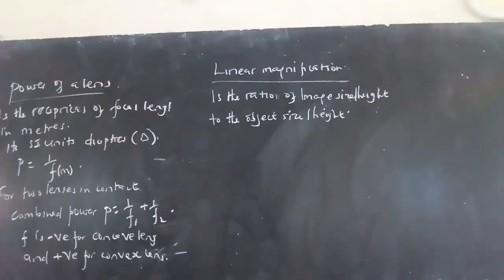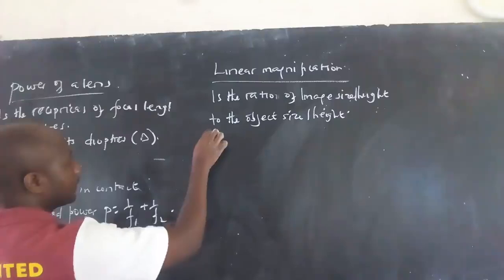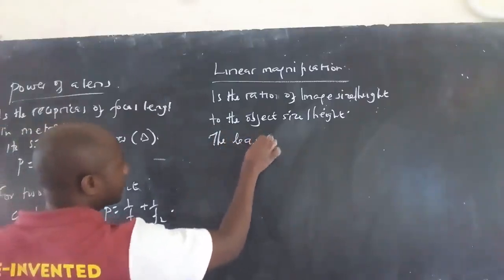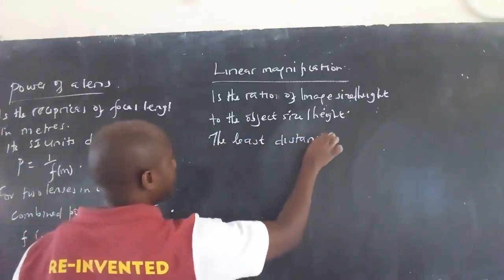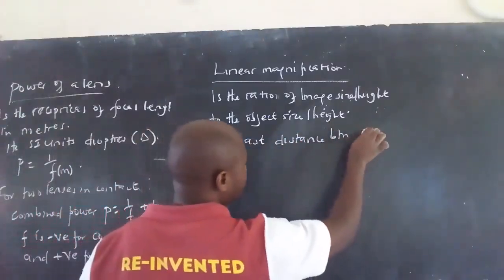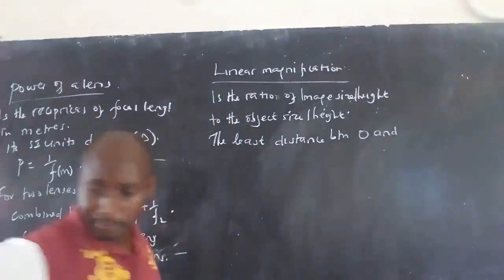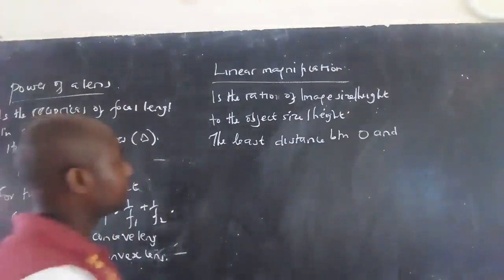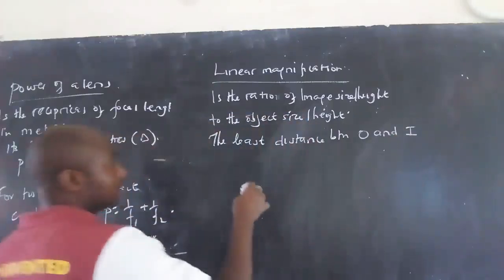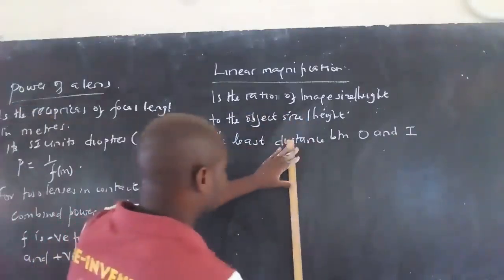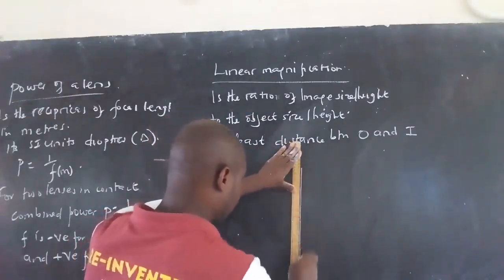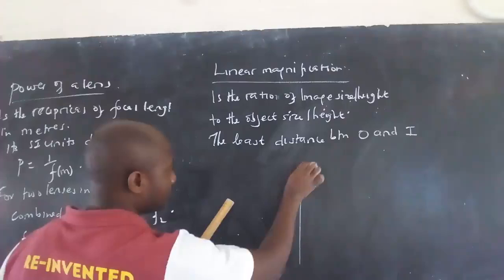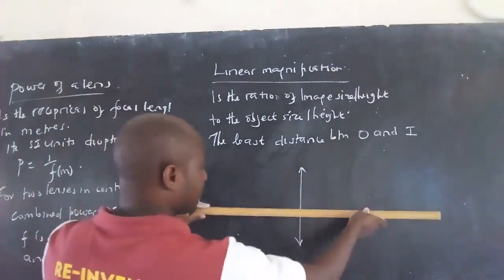we can also look at the least distance between object and real image, or an eye. So let us check that distance, how to get it. This is the lens.